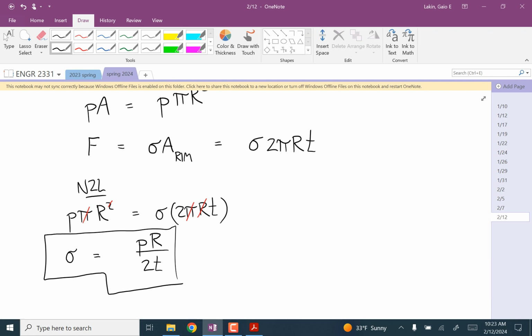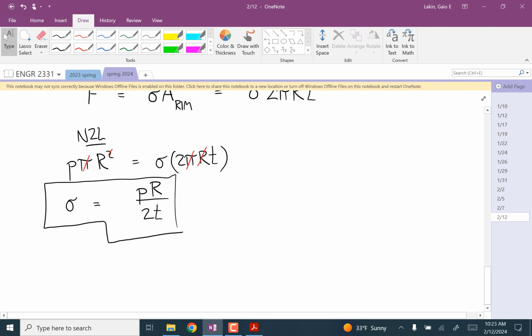And what was sigma again? Okay, so let me draw what that is. So this is going to be a normal stress. Okay, so this is a normal stress in the walls, and this is in any direction tangent to the wall.